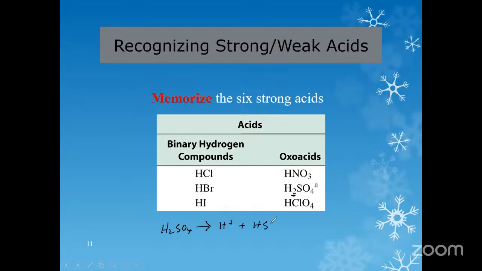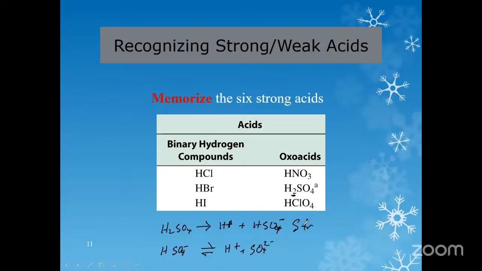So you can have the release of 1 hydrogen ion from the molecule of H2SO4. Now the HSO4 minus itself can release another hydrogen ion, but the second release will be weak. So this is what will happen in the case of the hydrogen sulfate ion undergoing dissociation.